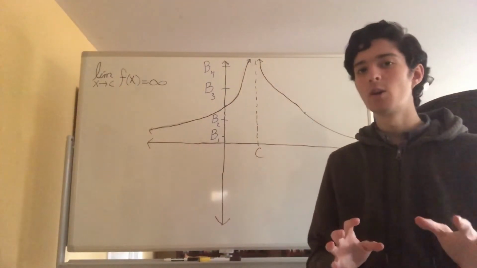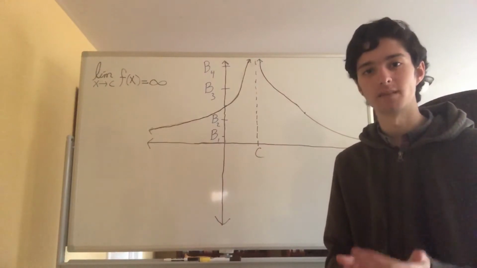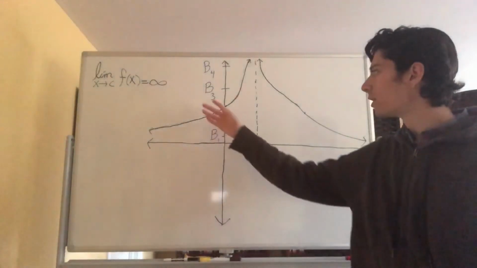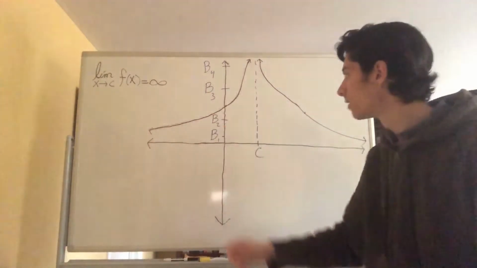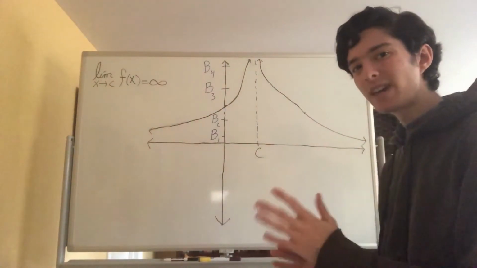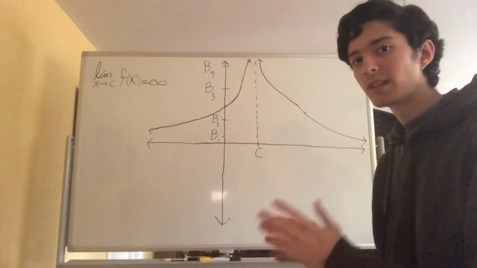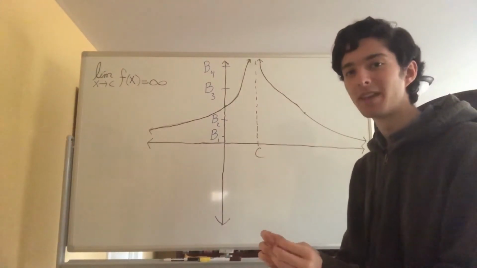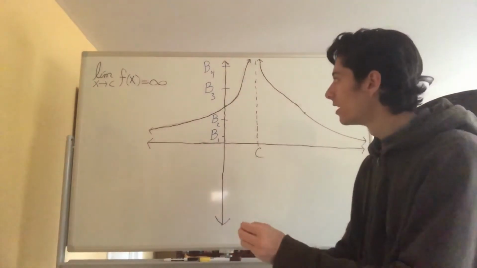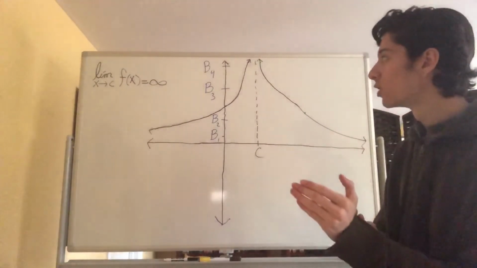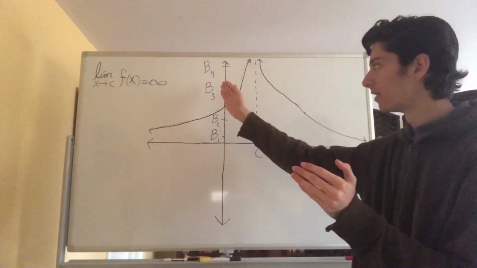So again, we can try this example for larger values of b. For example, why don't we look at b3? So we think, can we make a width such that whenever x is within that width of c, the value of f of x will always be greater than this b?